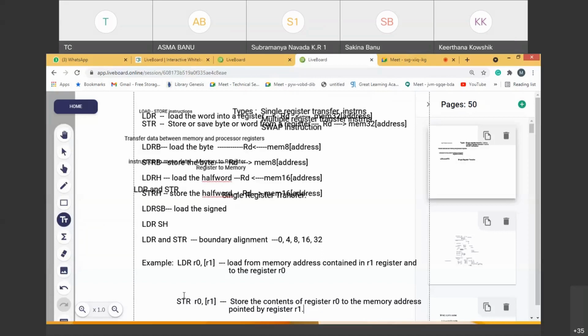You can use the word indexing. The first is pre-indexing with write back, the second is pre-indexing only, and the third one is post-indexing. So indexing plays a very important role.